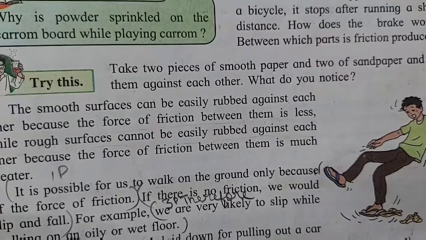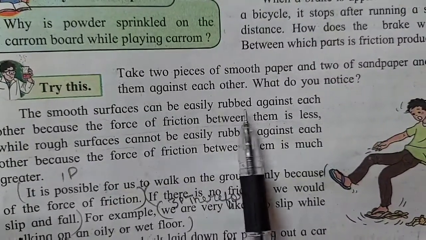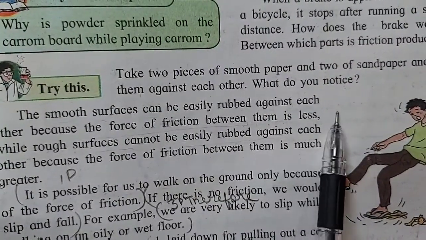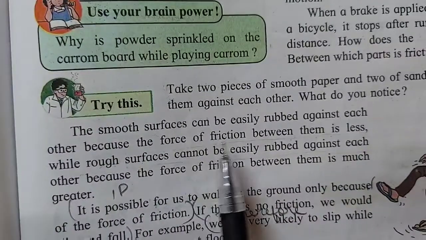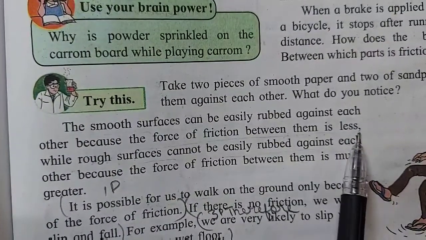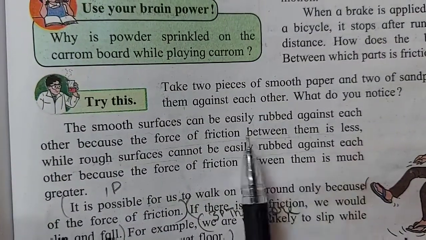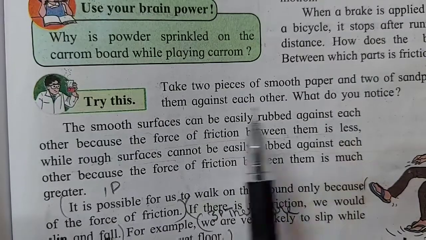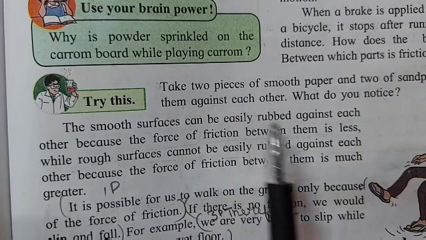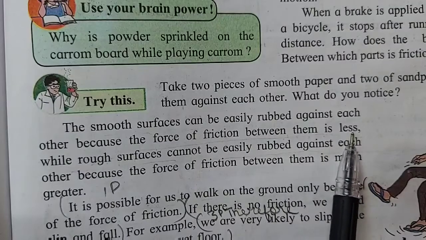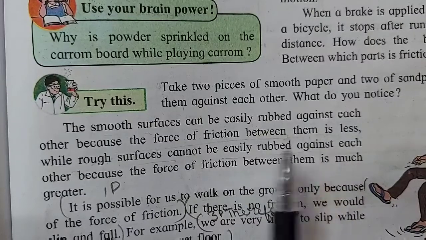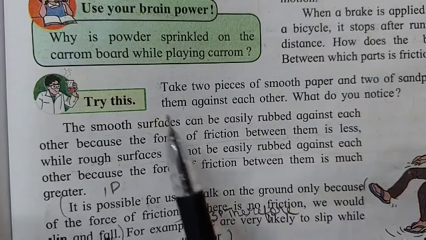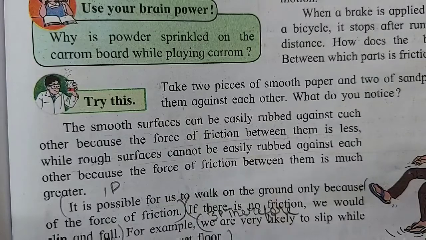So the smooth surfaces can be easily rubbed against each other because the force of friction between them is less. So try to understand the concept. When the friction is less, the rubbing is smooth. When the friction is more, the rubbing becomes difficult. The rubbing is easy on the smooth surfaces.